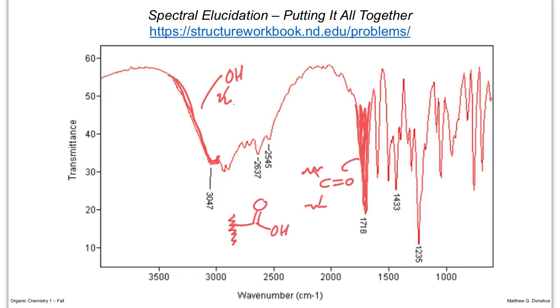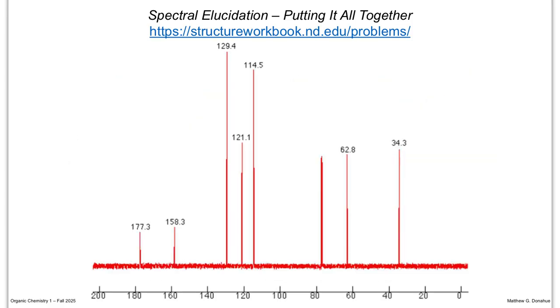So that tells us there's at least 1 degree of unsaturation. There's at least 2 oxygens. So of the 13, we know 1 is at least going to be sp2 hybridized. I think that's all we can get out of that for now.